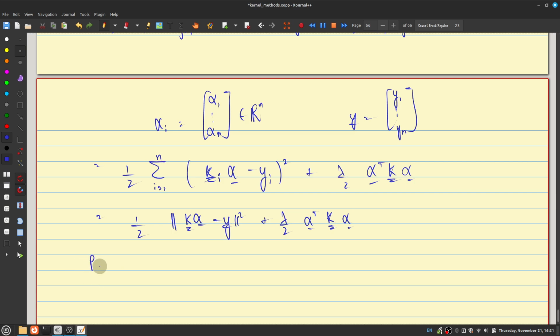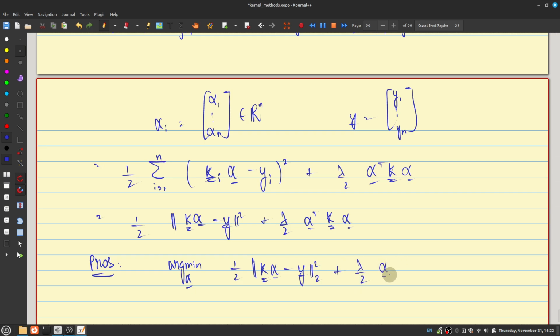So the problem simply reduces to finding argmin over alpha of half the 2 norm squared of K alpha minus y, plus lambda by 2 alpha transpose K alpha.